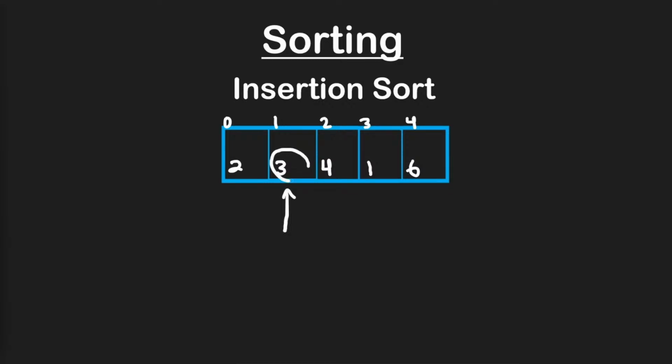So starting here and assuming that every value before this position, meaning this subarray, is already in sorted order, our goal now is to have this array be sorted. So our goal really is to figure out where to put this value. We already know all of these are sorted. Where should we put this one in terms of this array?